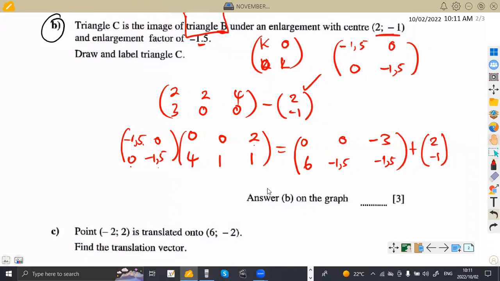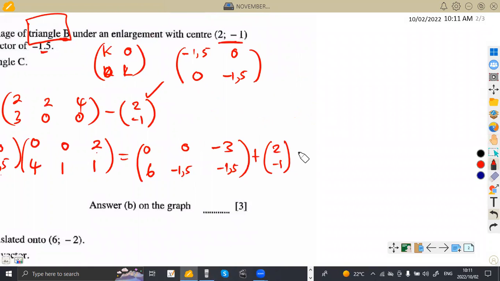So if we add our center, this is what we're going to have. 0 plus 2, that's 2. 0 plus 2, 2. Minus 1 plus 2, which is minus 3, sorry, it's minus 1. 6 plus minus 1, that's 6 minus 1, which is 5. Minus 1 minus 1,5, which is minus 2,5. Minus 1 minus 2, which is minus 2,5 also.